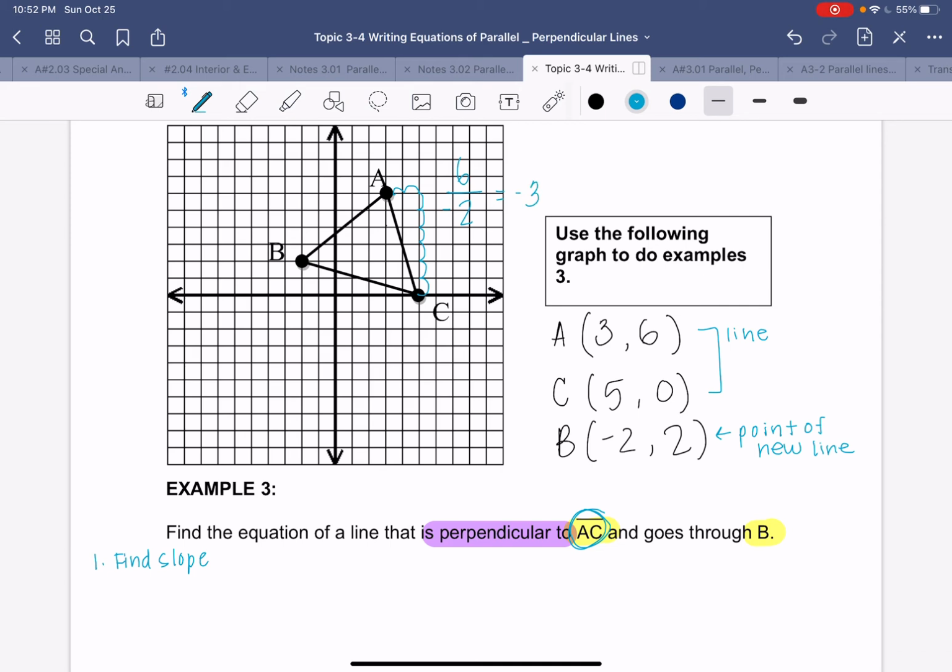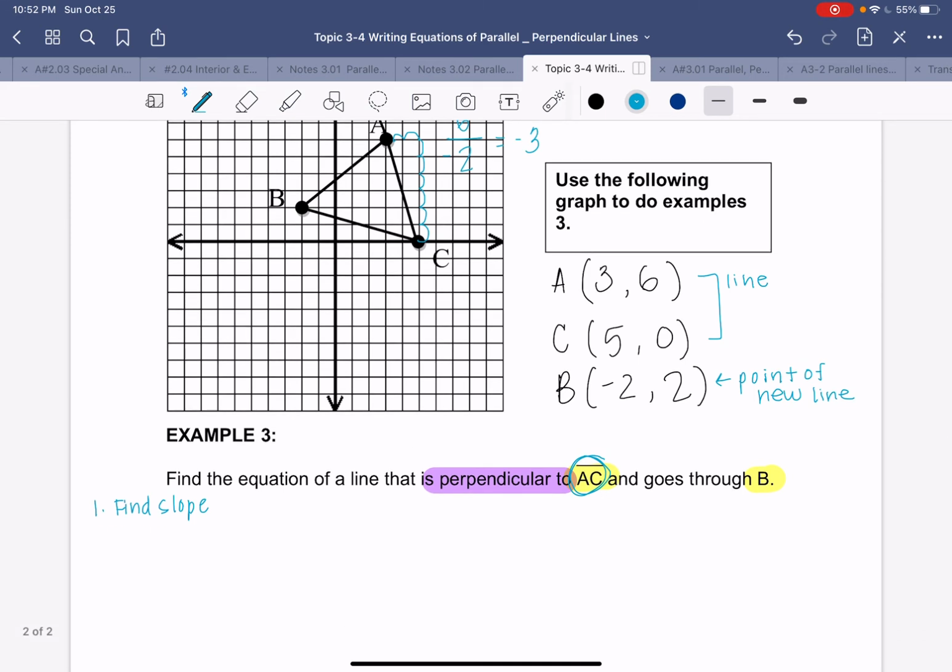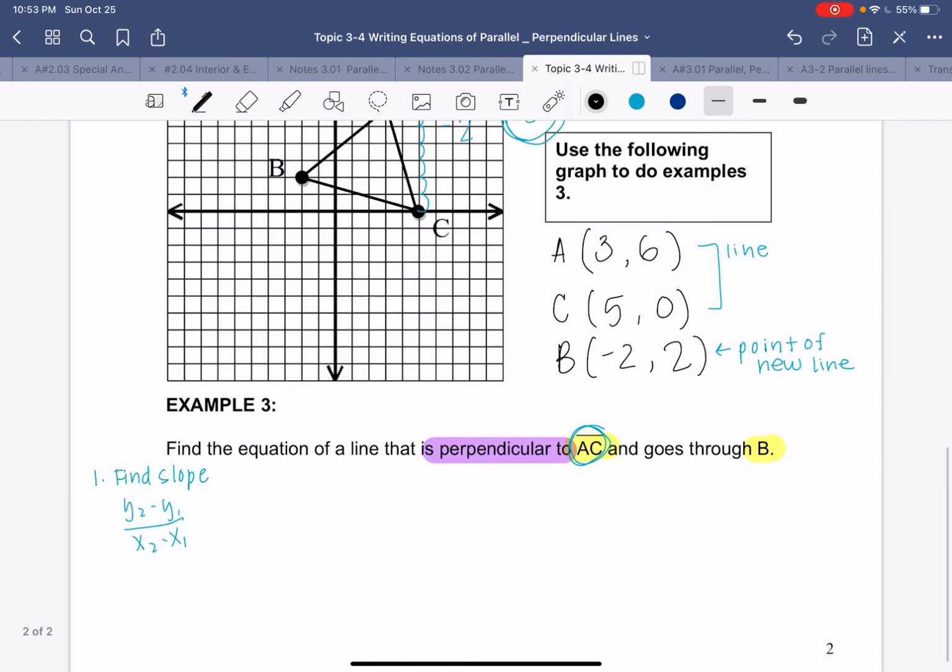But we also could use the slope formula, y2 minus y1 over x2 minus x1. Yes, we found the slope of that line, but I also want to use the formula just to show you that it works.